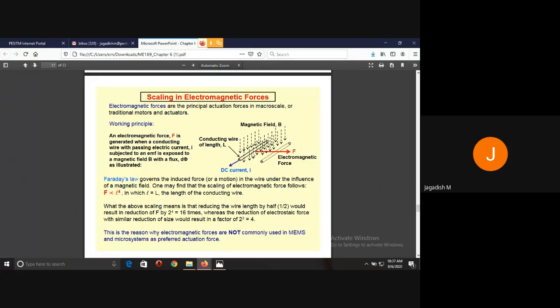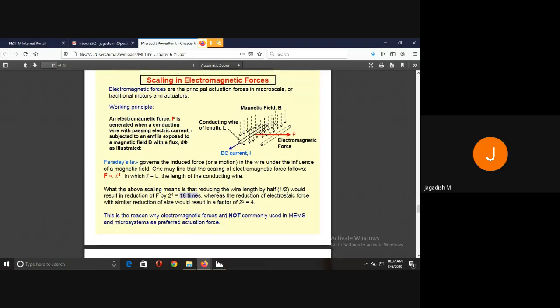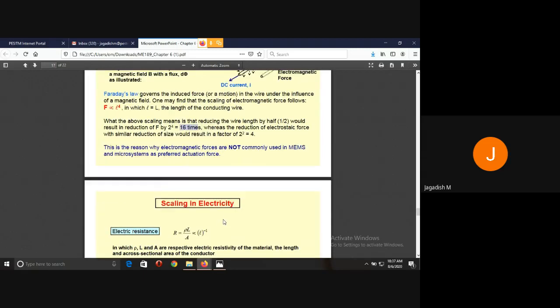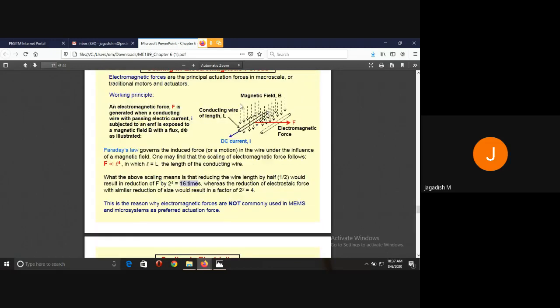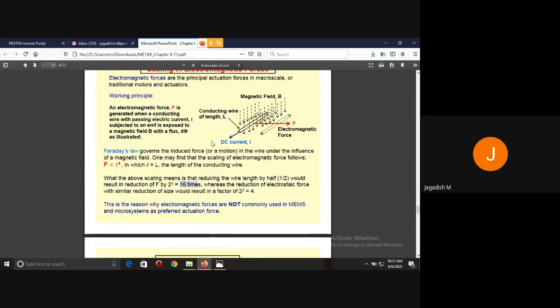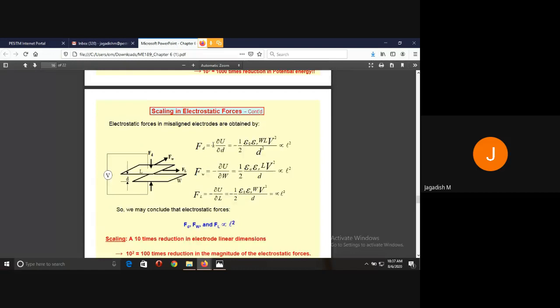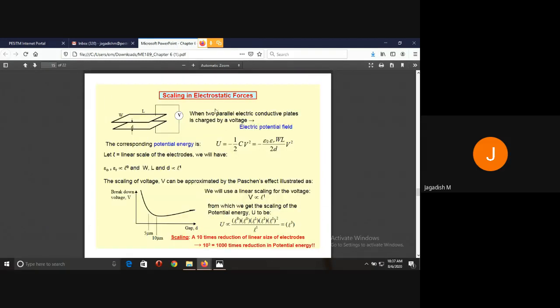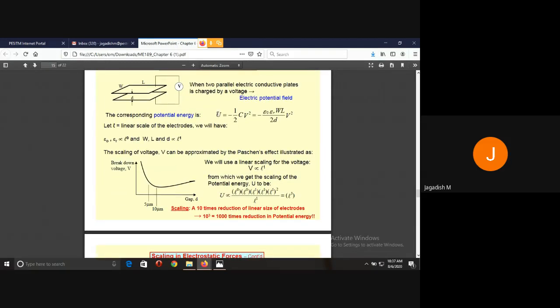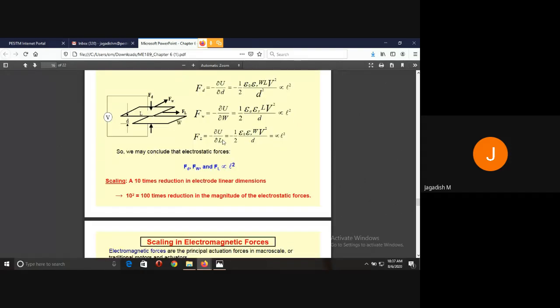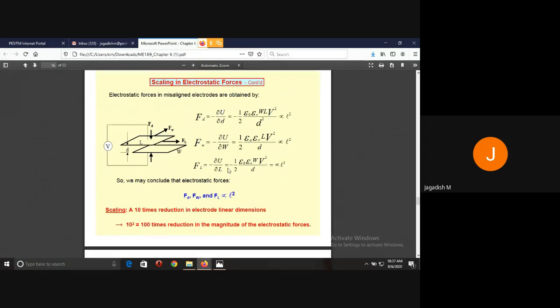That is, if you reduce the size of this conductor by, for example, 2 times, then its force will reduce by 16 times. Okay, not much information is given about this. What is important is electrostatic force, one for the potential energy and one for the electrostatic forces. Okay.